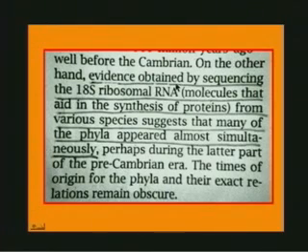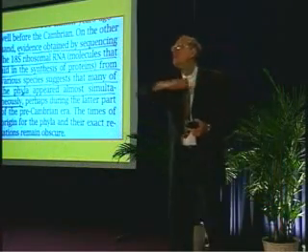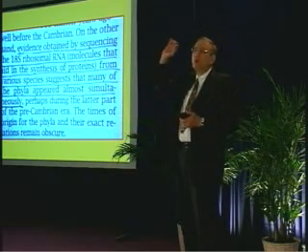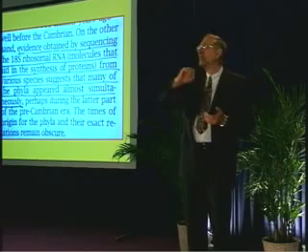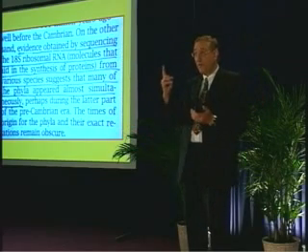It is evidence that was obtained from sequencing 18S ribosomal RNA that suggests that various species and many phyla, now what's a phyla? That's a huge category of animal. For example, all the snails, all the slugs, all the marine mollusks, all the squids and the octopuses, all of that constitutes one phylum.